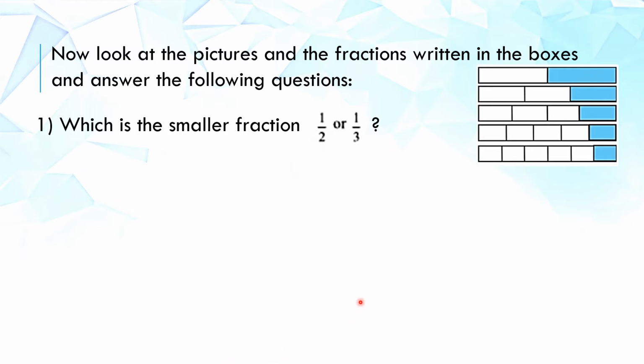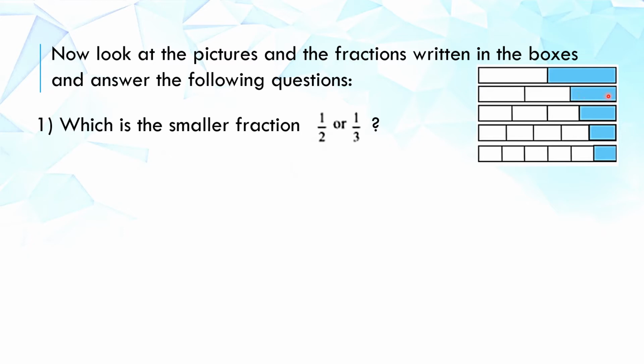Now students, in the first slide the first strip was 1 upon 2 and the second strip was 1 upon 3, the strip having 3 parts. Now go through the shaded part. Here for 1 upon 2, the shaded part is this and for 1 upon 3, the shaded part is this.